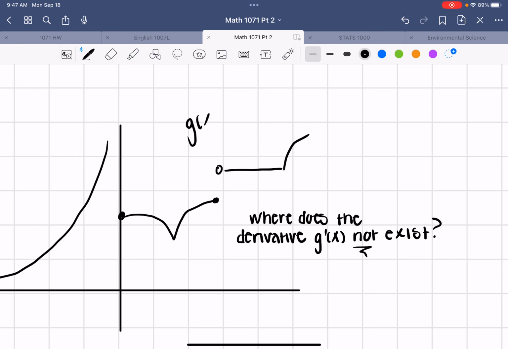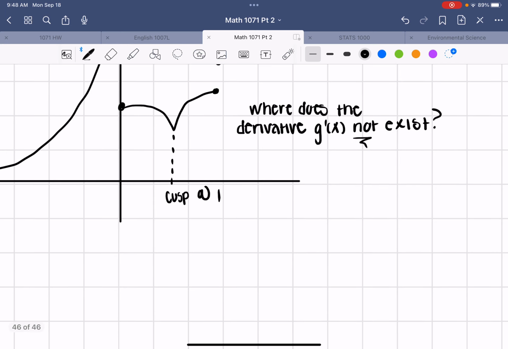And so there's no tangent there. Now, where it comes to a point, later on when we talk about graphing functions, where it comes to a point like that is called a cusp. So is that at 1? Yeah. There's a cusp at 1, and so there's no f prime at 1. Because you see it's ambiguous.